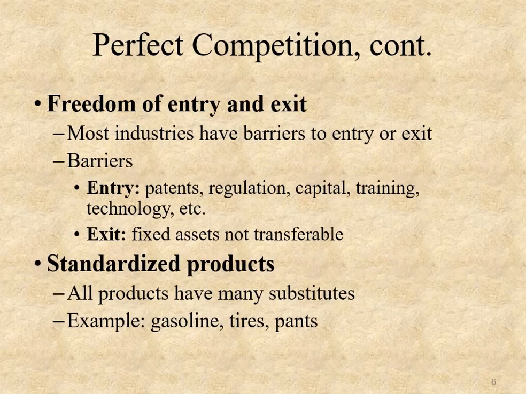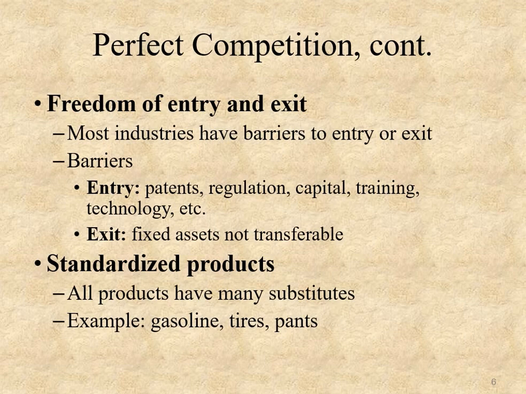Now on this next slide, there'll be an IRAT that comes from this particular slide, so be very careful. Freedom of entry and exit. Most industries have barriers to entry or exit. Barriers include patents, regulation, capital, training, technology, etc. So, for example, in pharmacy, you need 6 years of training.